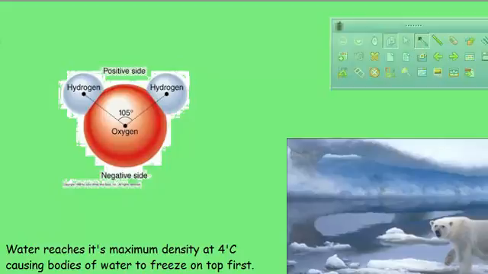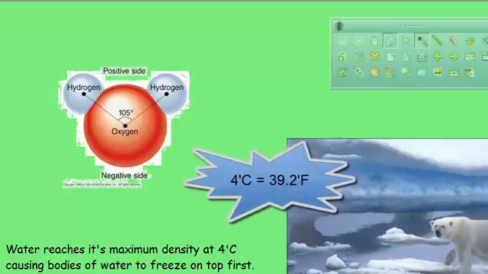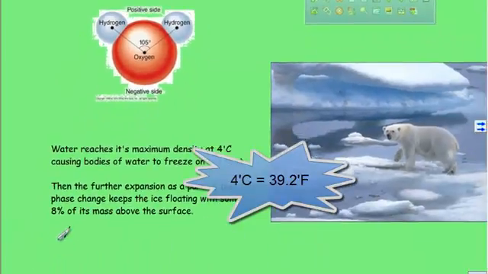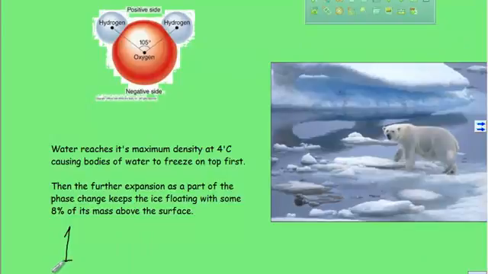Its maximum density is at 4 degrees Celsius. What is that in Fahrenheit? Thirty-something, close. And at 4 Celsius, what is that density, you suppose? Remember the SI system? 1 gram per centimeter cubed at 4 Celsius.